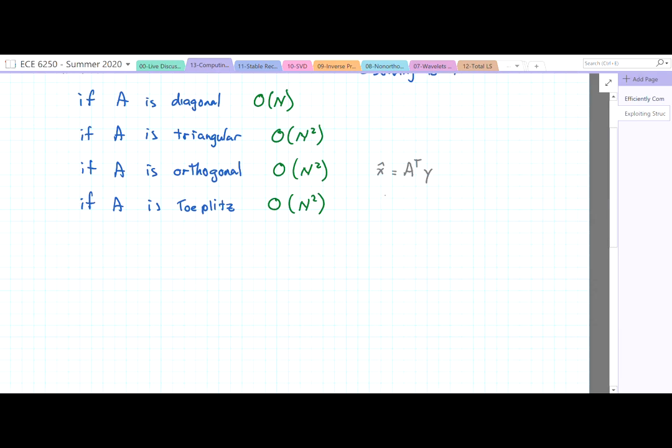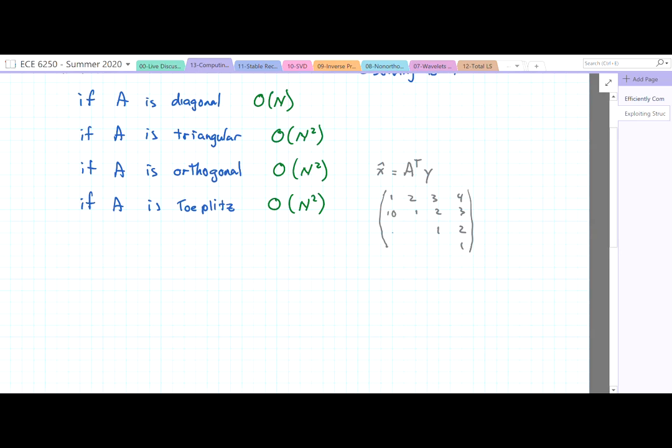And we've run across this once before, but just as a reminder, this type of matrix looks like so. 1, 2, 1, and then over here we have something else.